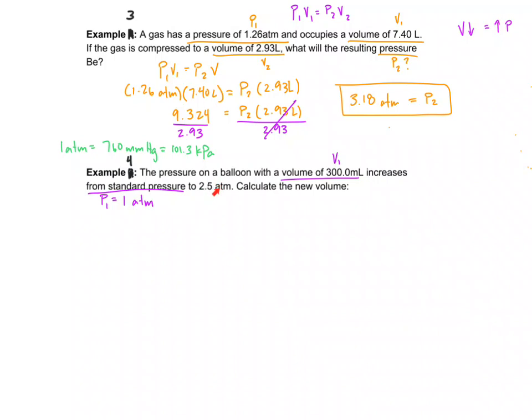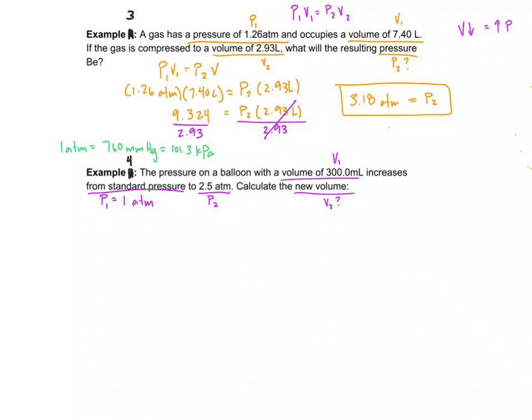So the starting pressure must also be in atmospheres. Standard pressure in atmospheres is 1, so P1 has a value of 1. So let's continue on. It's starting at standard pressure, which is 1, and it's increasing to 2.5. So this is my new pressure. I want to calculate the new volume, which is V2.